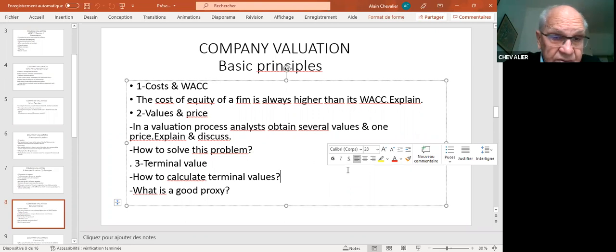For each method, a different result. And the problem, of course, is that at the end, if you want to make a price offer, you need only one price. You don't need several values. That also means that you have to move from several values to one price.